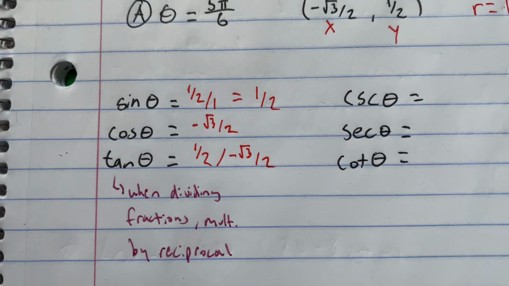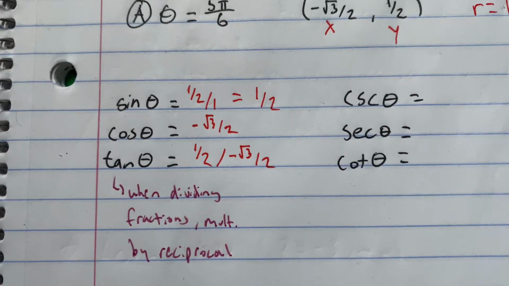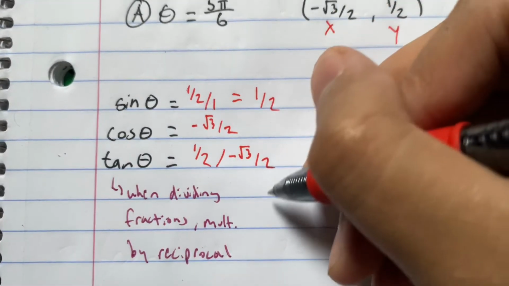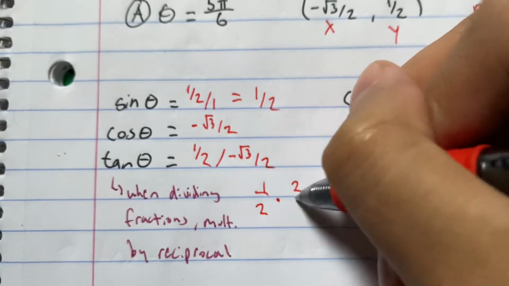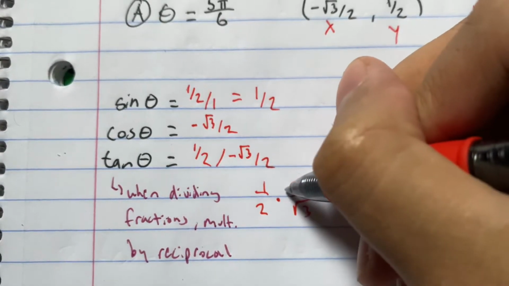What I mean by that is, since we have 1/2 divided by negative square root of 3 over 2, that's the same thing as saying 1/2 times 2 over square root of 3. And don't forget the negative.